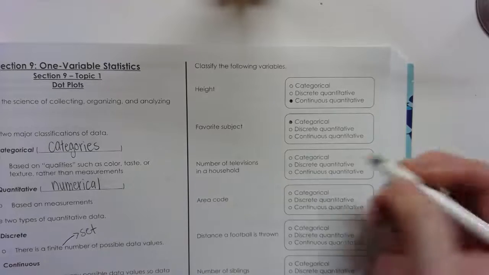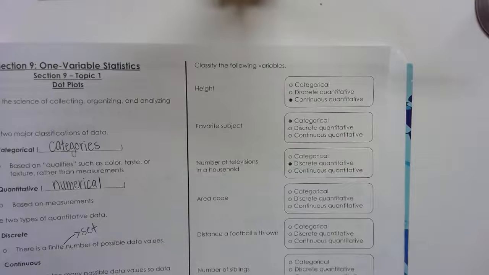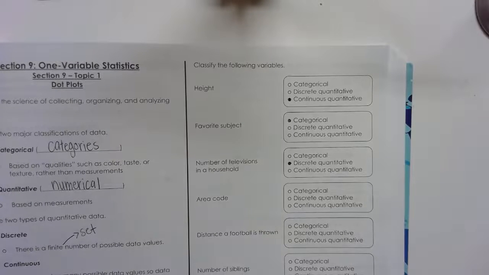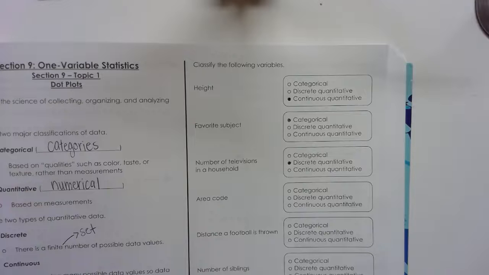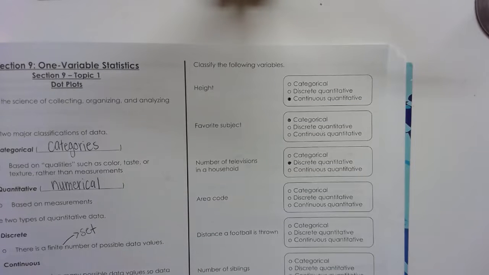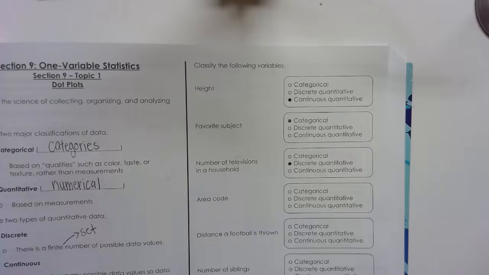However, you cannot have 2.5 televisions, okay? You could try to cut it in half, but then it's really no longer a television. It's just a piece of a television or something like that. So discrete quantitative would mean just specific numbers. So if you were listing out the number of TVs in your house, you could say there's one TV or two TVs or three TVs. You wouldn't say 3.25 TVs.